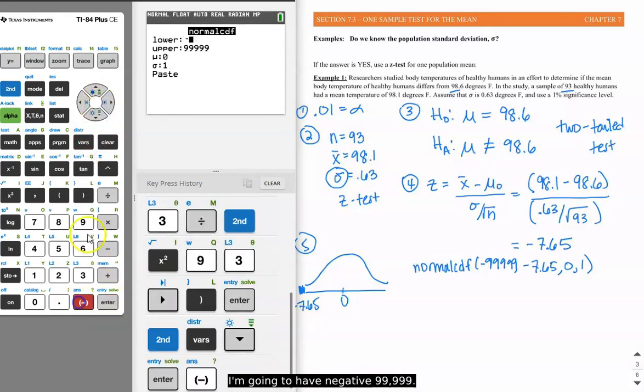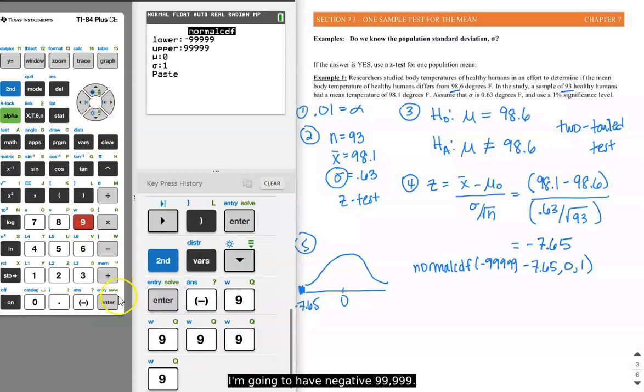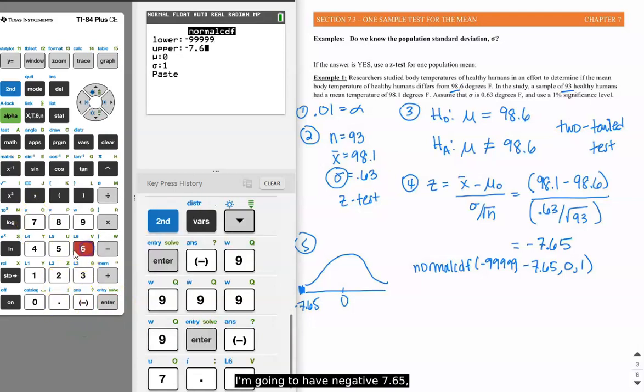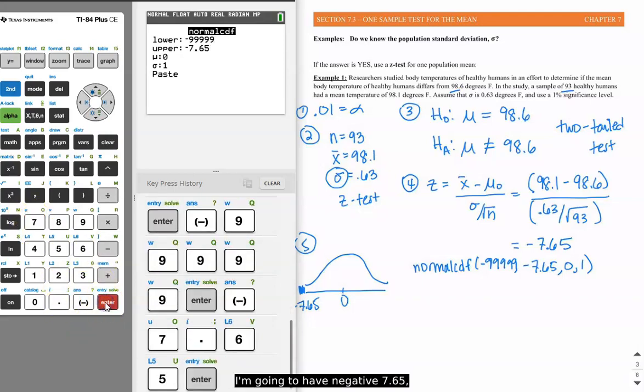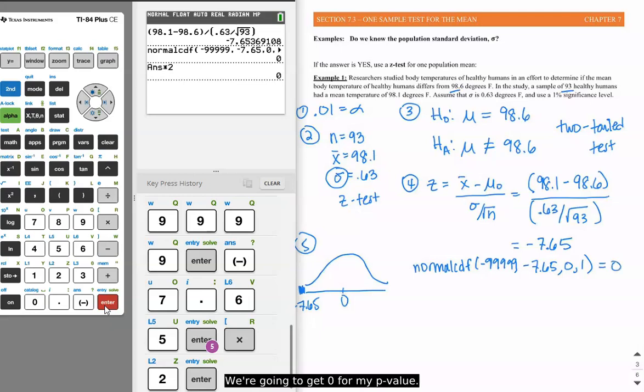I'm going to have negative 99,999. I'm going to have negative 7.65. Mean is 0, 1. Paste that. So it's roughly 0, and we times it by 2. We're still going to get 0. So we're going to get 0 for my p-value.